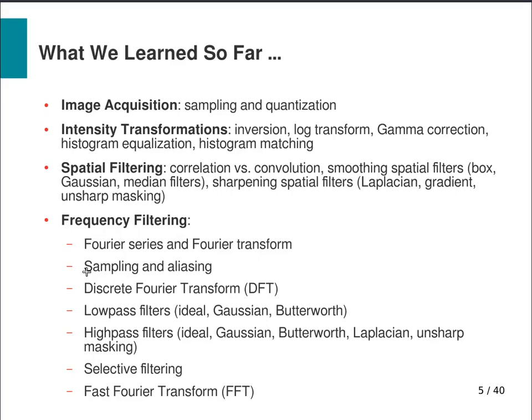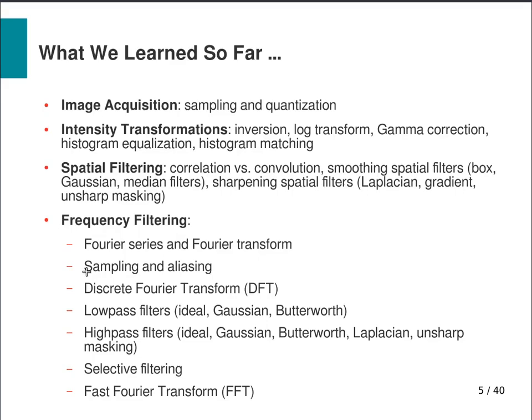Low-pass filters are equivalent to smoothing filters in the spatial domain. So we saw ideal, Gaussian, and Butterworth low-pass filters, and high-pass filters are generally equivalent to sharpening spatial filters. So we saw ideal, Gaussian, Butterworth, Laplacian, unsharp masking using the discrete Fourier transform. Then we talked about selective filtering.